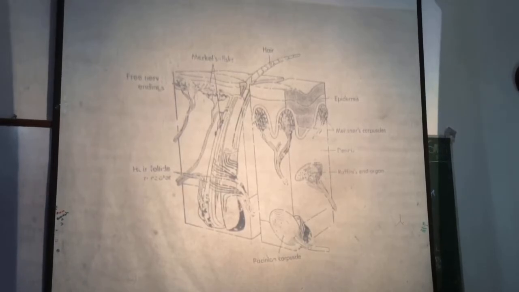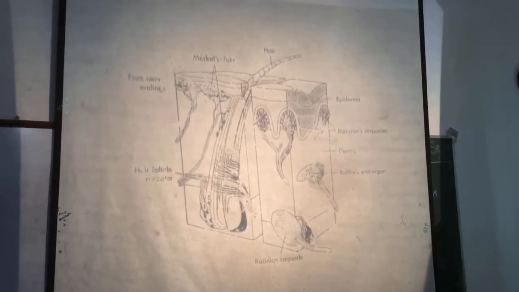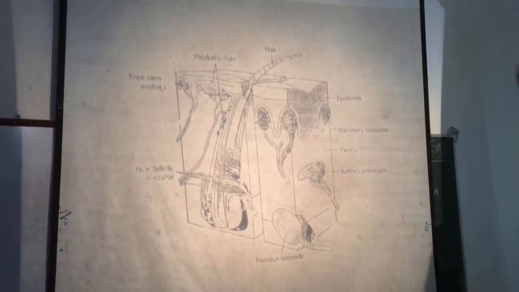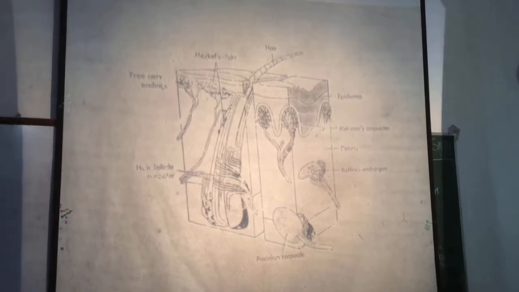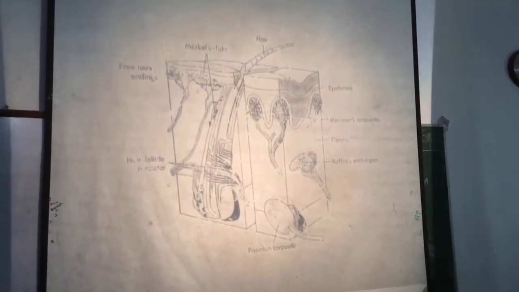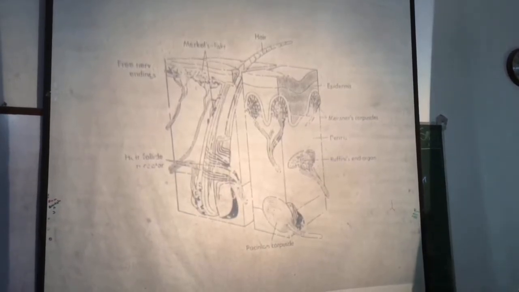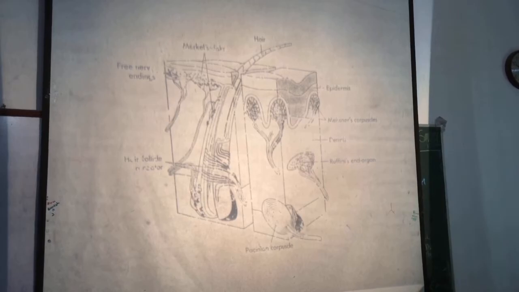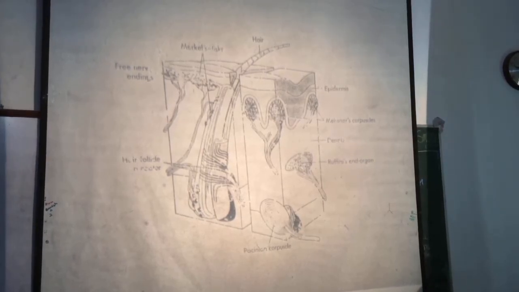We know peripheral chemoreceptors in the carotid and aortic bodies. Central chemoreceptors are in the chemosensitive area in the medulla oblongata. Olfactory receptors in the olfactory membrane. Taste receptors in the taste buds.